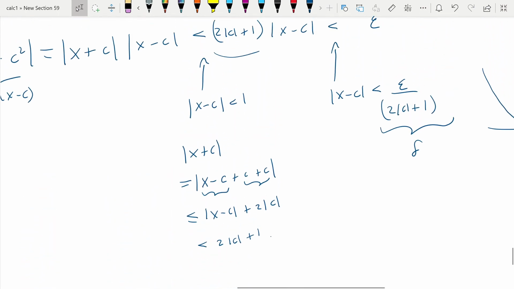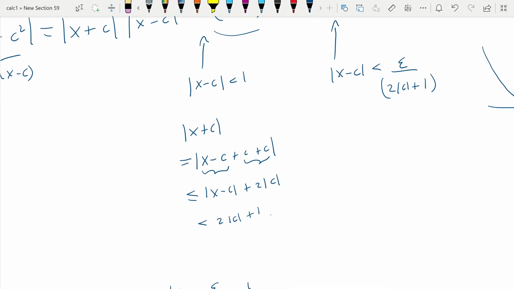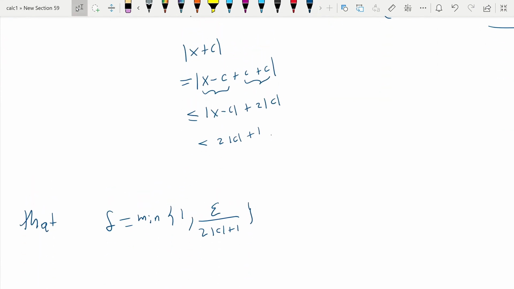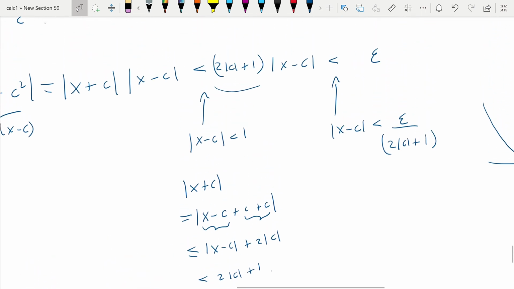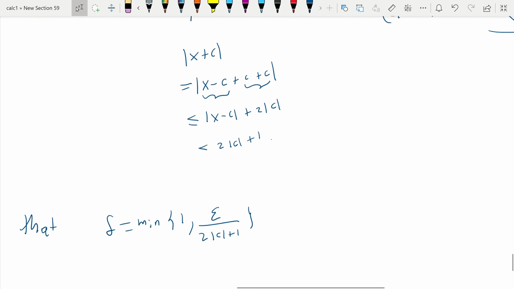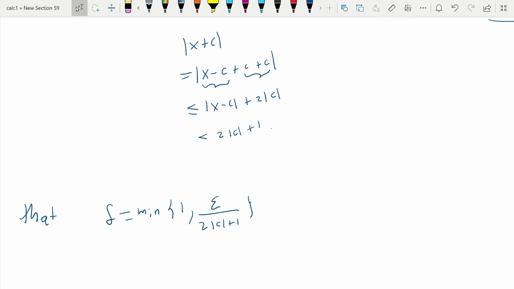Delta has to be smaller than 1, and also delta has to be smaller than this other quantity here. And so in order to make sure that all the steps here are valid, you need to pick the smallest of all these quantities, which, since there are finitely many, still gives you a positive number.